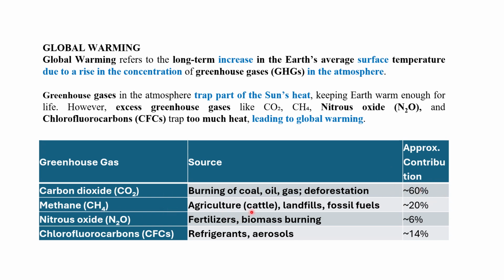Methane from agriculture, landfills, and fossil fuels contributes 20% of the greenhouse gases. Nitrous oxides generated by fertilizers and biomass burning contribute 6%. Chlorofluorocarbons from refrigerants and aerosols contribute 14% of the greenhouse gases.